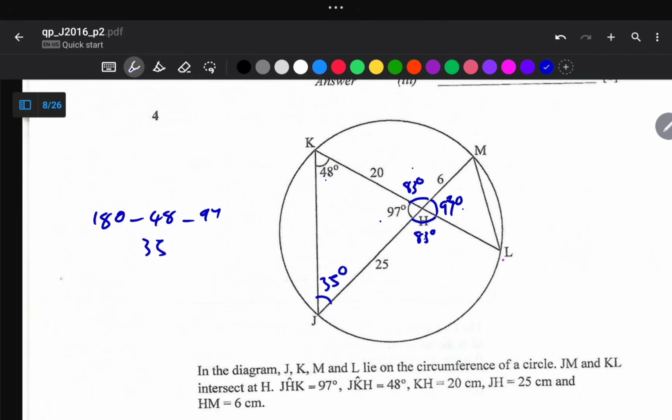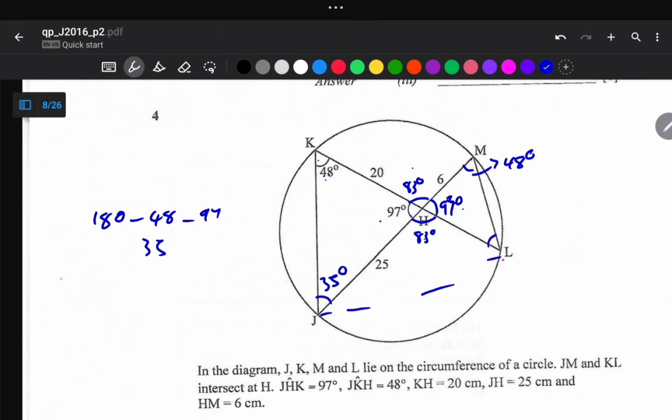So for us to calculate this angle here and this angle here, we are going to use our theorem, which says angles subtended by the same chord or the same arc in the same segment are equal. So given that these angles are subtended by this chord KL, this gives us HML being equal to 48 degrees.